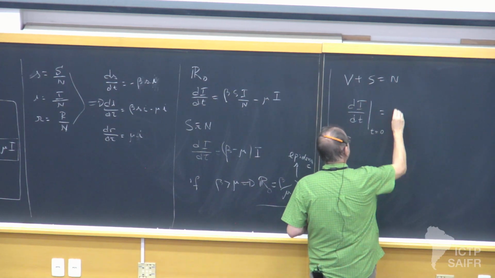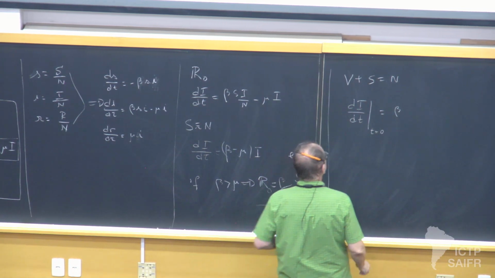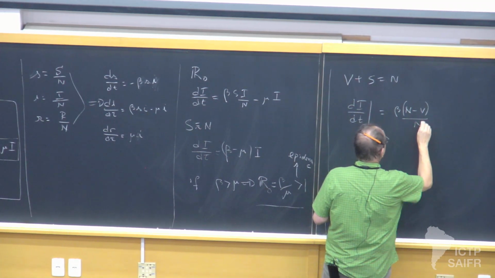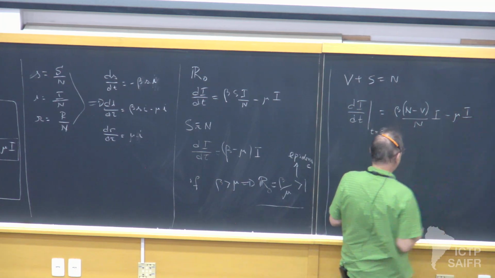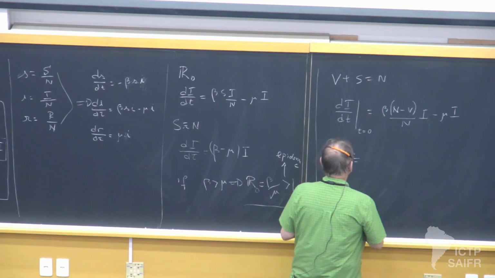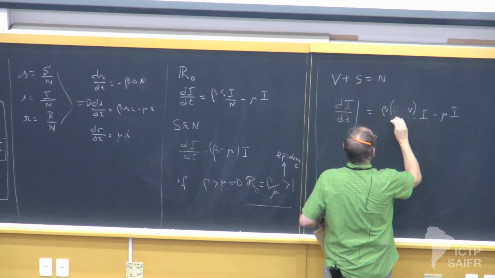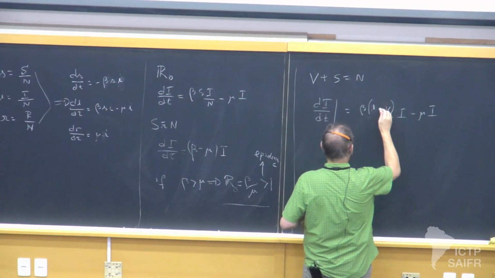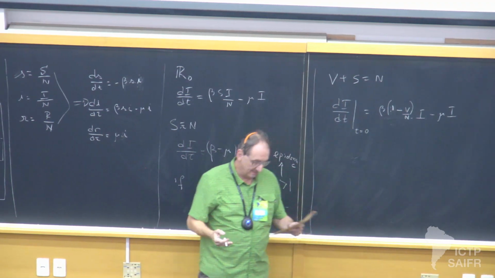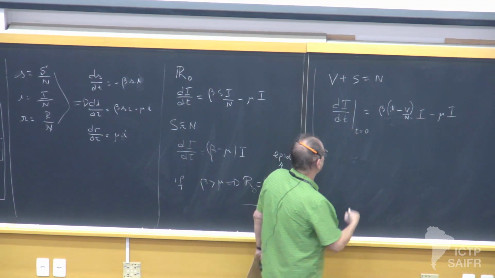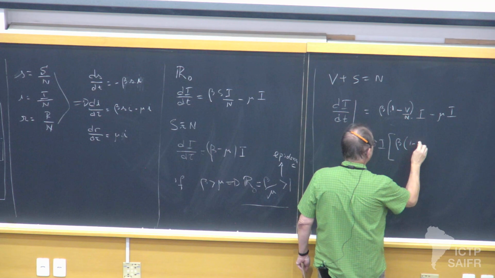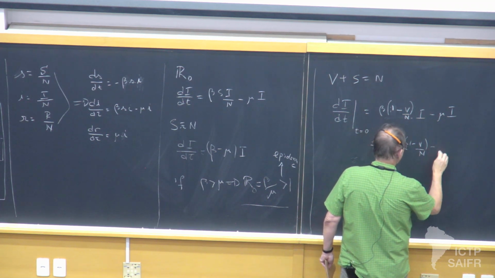It will be beta, and now instead of S, you will have (N minus V) divided by N, times I, minus mu I, which gives you, let's write this a little better, beta (1 minus V over N) I minus mu I. And if you want to find the threshold value, well, this is just beta (1 minus V over N) over mu.